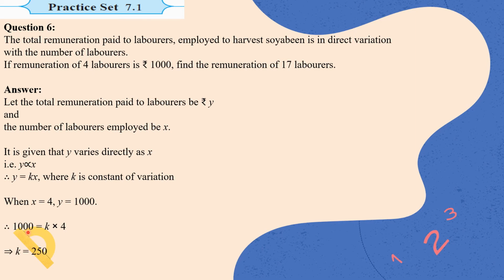So 1000 divided by 4 will be 250. So the value of k, the constant of variation, is 250. So now we'll substitute the value of k in our equation of variation. So the equation of variation will be y is equal to 250x.